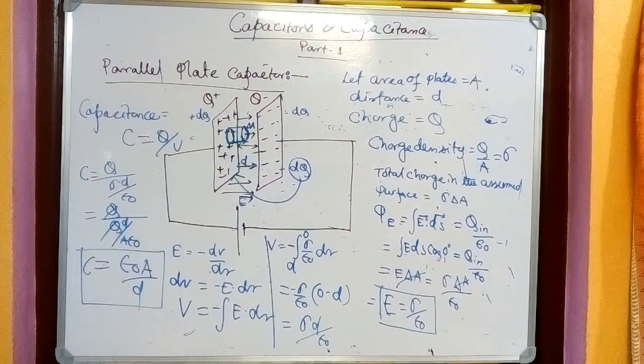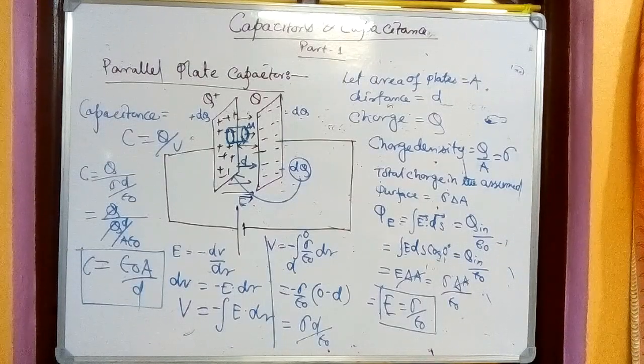A and D are the dimensions, and epsilon tells us the medium. If you change the medium, the capacitance will change. So instead of air, whatever medium you take, the capacitance will increase, because epsilon naught is the lowest. If you put another material between these two plates, it increases.